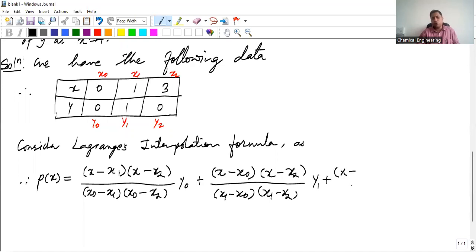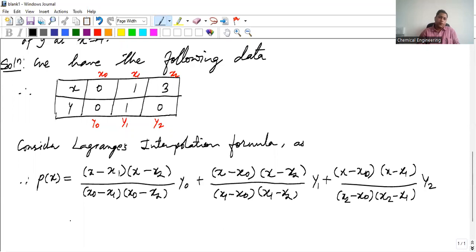This term corresponds to x2. So x minus x0, x minus x1, and here we have x2 minus x0, x2 minus x1, and here y2. Okay, so we have the benefit that this term is 0 and this term is also 0. So y0 is 0 and y2 is also 0.